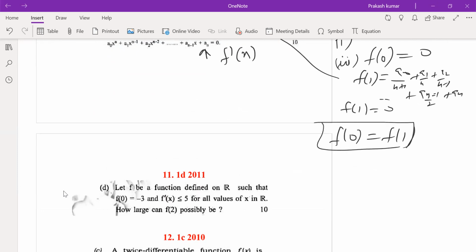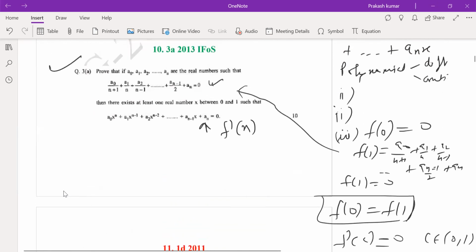Now, according to Rolle's theorem, f dash c will be 0 for some c belonging to (0, 1), right? And what is f dash c? Our f dash c is this only, right? This is our f dash x.